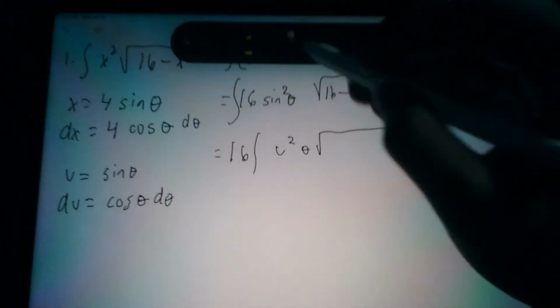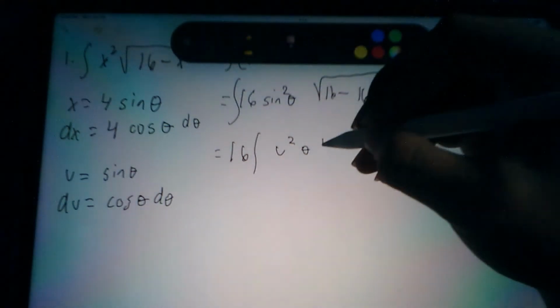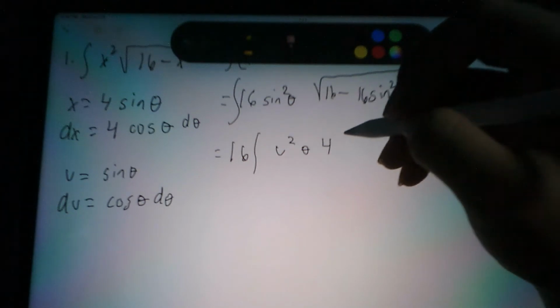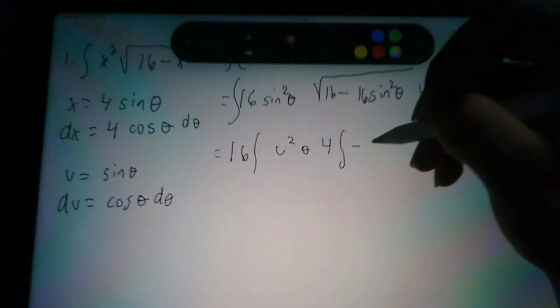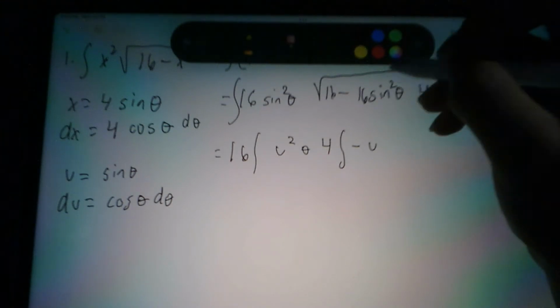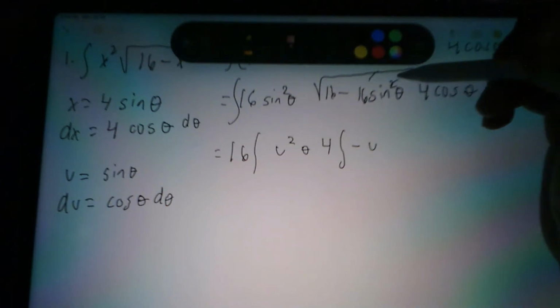Now we take out the common factor here, which is 4, for the integral of negative u, and this will cancel out.